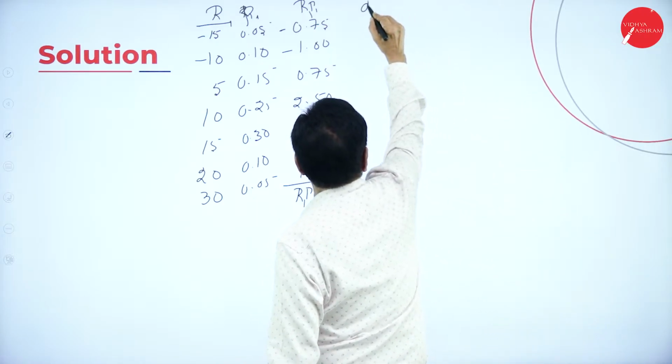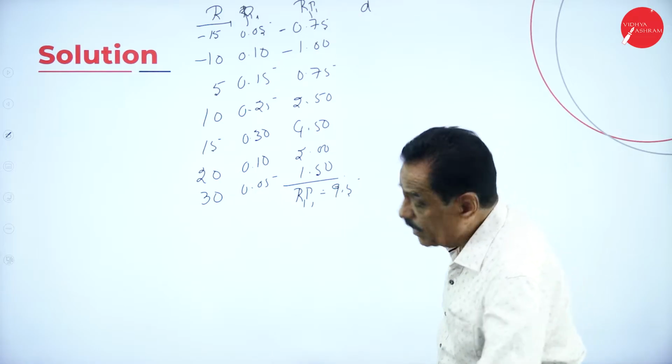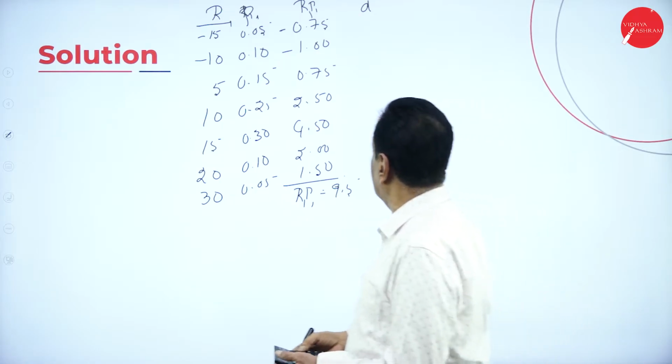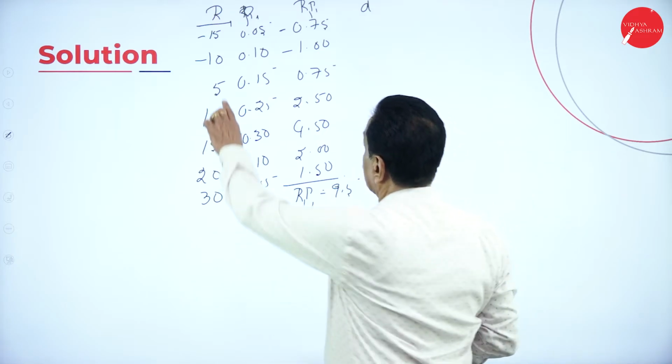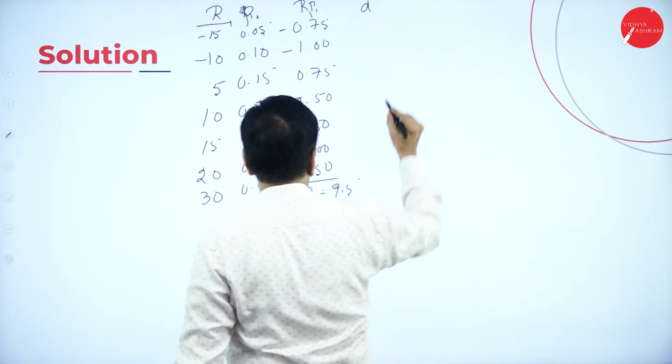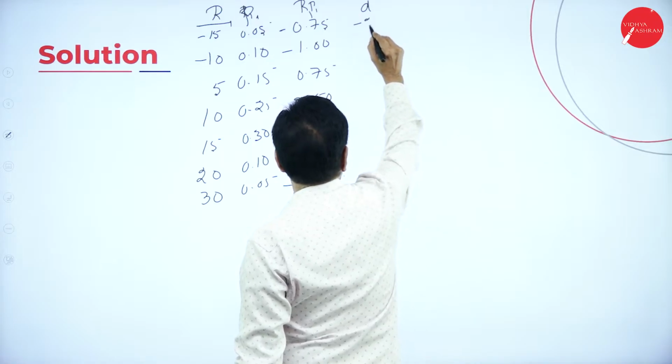Take the deviation from here. 9.5, take the deviation. Minus 15 minus 9.5, minus 24.5.